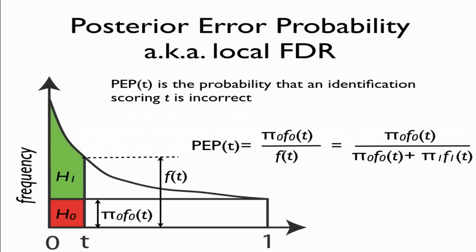The local false discovery rate is just for the particular threshold, so it would be the right-hand border of those areas. So we will then compare the difference in height between the red area's right border here with the total length of the red plus the green area. And this will be our posterior error probability.